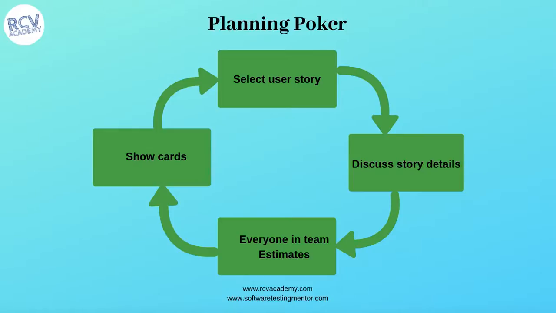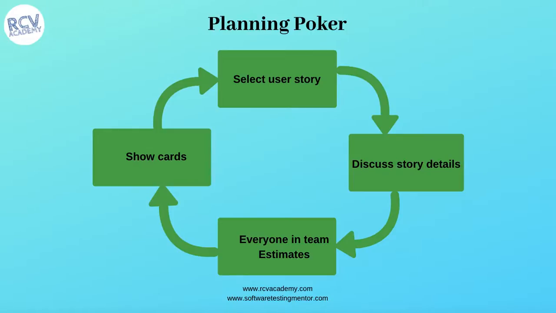Then after the discussion, everyone in the team will have either cards with sizes ranging from extra small to extra large, or the planning poker cards with numbers. Now everyone in the team will be asked to provide their estimate, and these estimates won't be disclosed until everyone is finished. These will be your own individual estimates, and you won't be discussing with any of the members sitting in that room. Once everyone is finished with the estimation, you'll be asked to show your card.